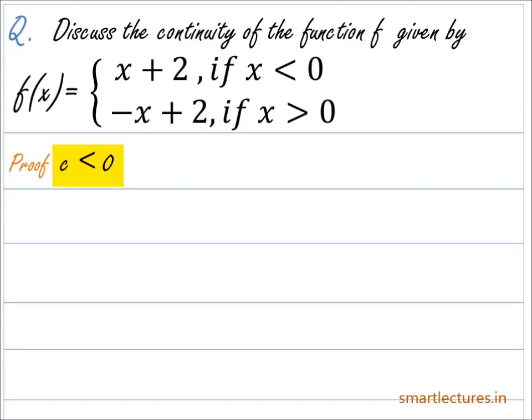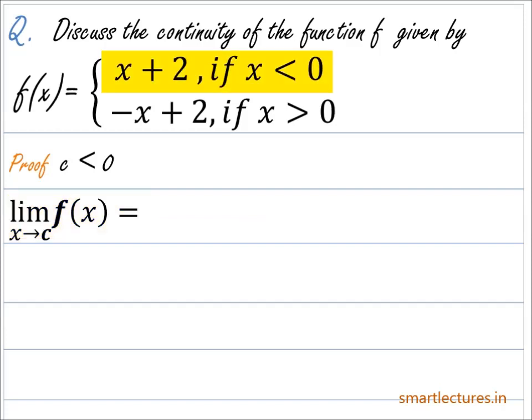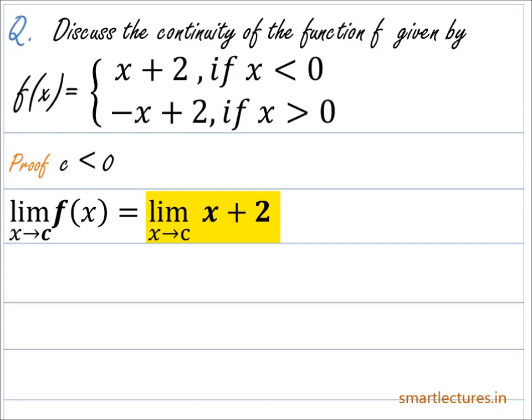The limit as x approaches C of f of x is equal to the limit as x approaches C. Now f of x when x is less than 0 is x plus 2. So the limit as x approaches C of x plus 2 is equal to C plus 2.